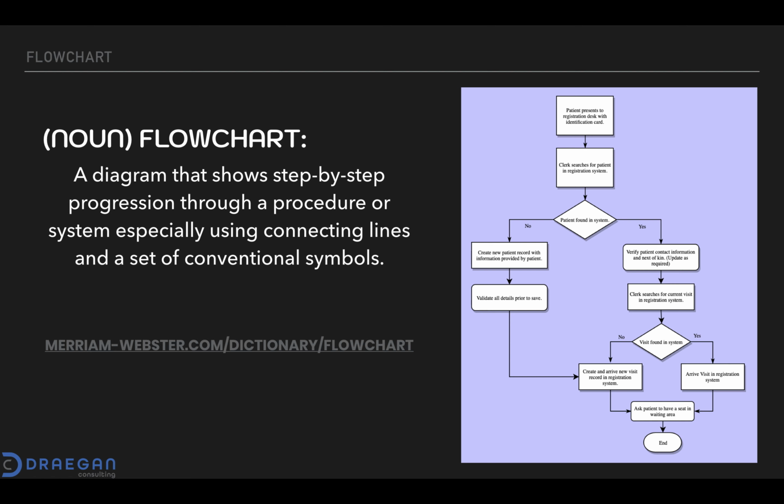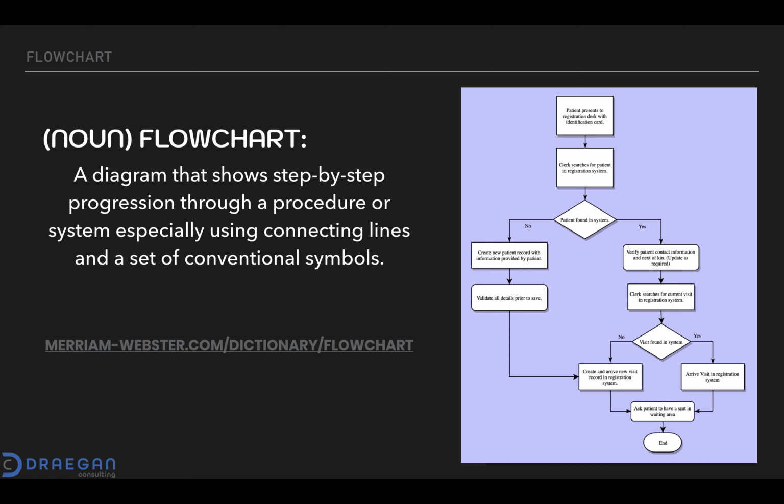You'll see the first step is the patient proceeds to the registration desk to have a conversation with their identification card in hand. Next step, the clerk is going to search for the patient in their system, so whichever computer system they're utilizing, or if registrations are tracked manually, then they're going to look in their schedule book. Hopefully you're on an IT system, but you never know.